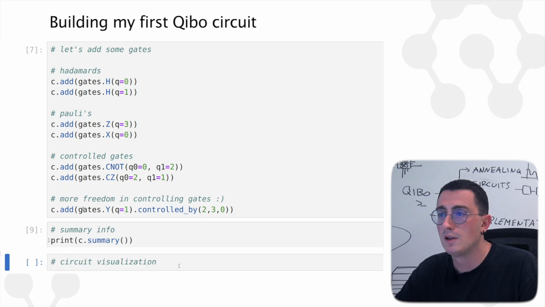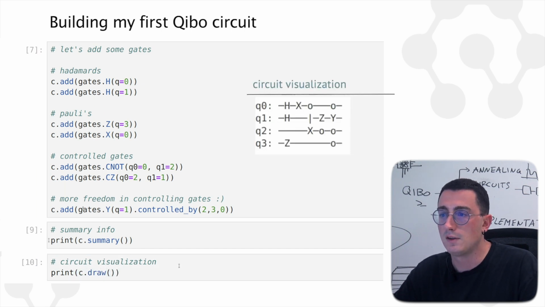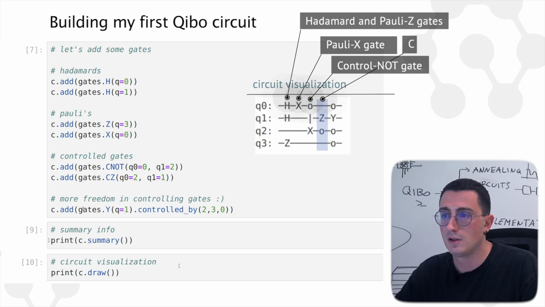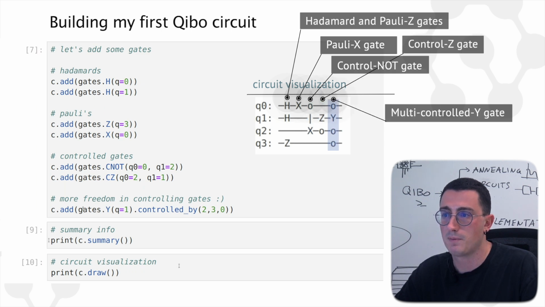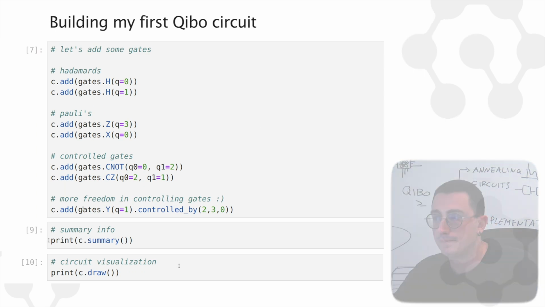At this point, we can also draw again the circuit. So we call print c.draw, and we print it. As you can see, we have our couple of Hadamard gates, the Z here, the X gate, the CNOT, the CZ, and the multi-controlled Y. So this is the way we can build our first circuit in Qibo.